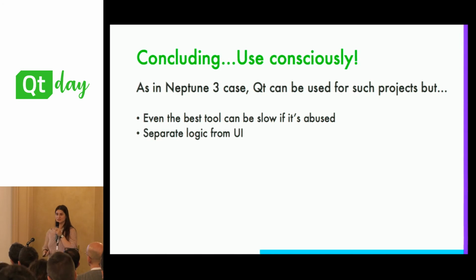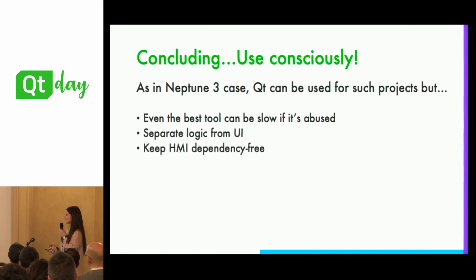Like separating the logic from the UI, it's very important. Like keeping the HMI dependency free, because we can end up one day with the project crashing somewhere randomly because there is a dependency to a radio button. It has happened. It was crazy.